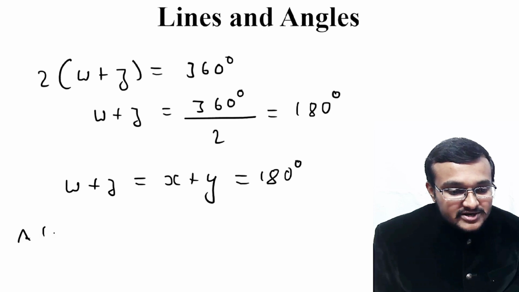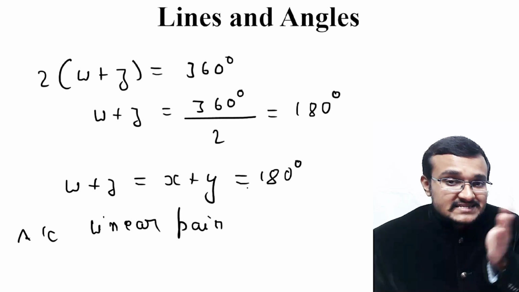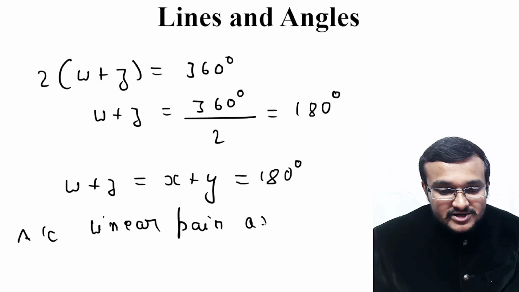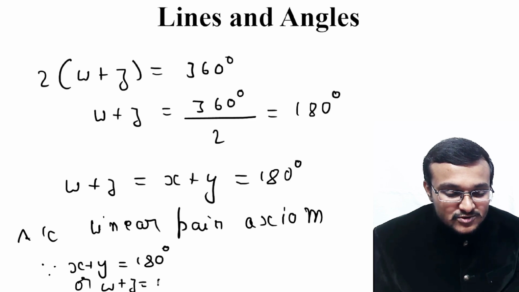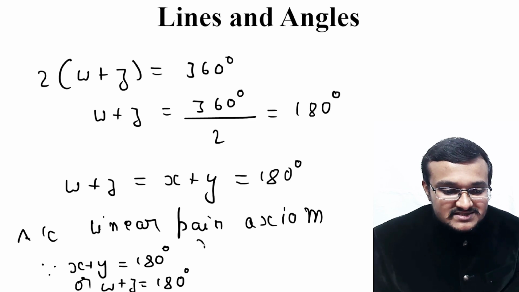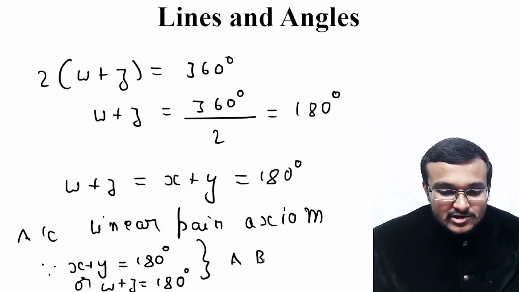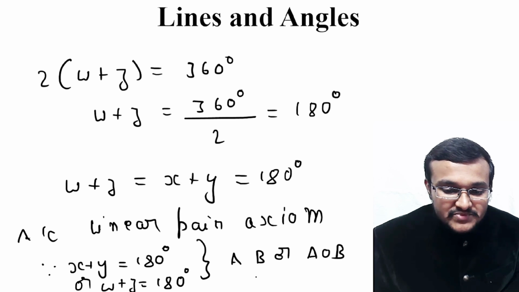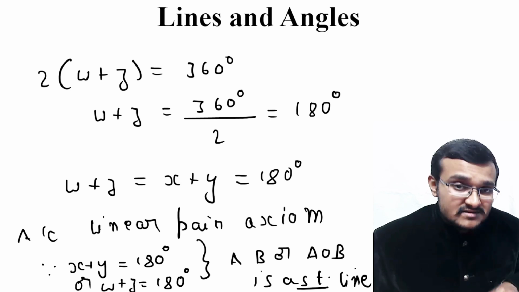So according to the linear pair axiom, which we discussed in the previous videos as axiom 6.1 and axiom 6.2, since X plus Y is equal to 180 degrees, or W plus Z is equal to 180 degrees, either one you can take, AOB is a straight line. So here we have proved that AOB is a straight line.